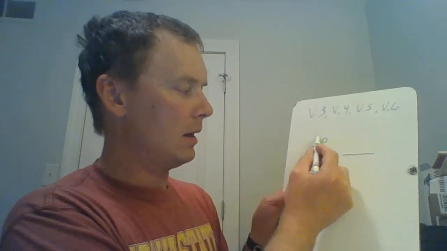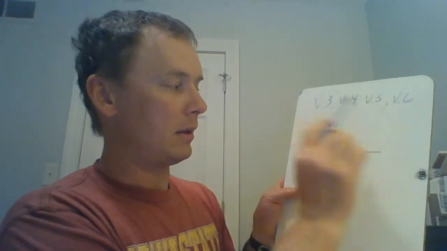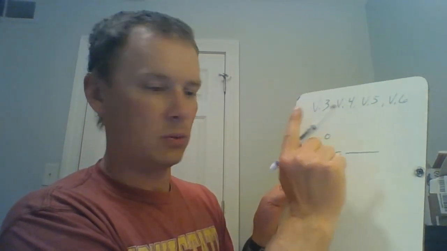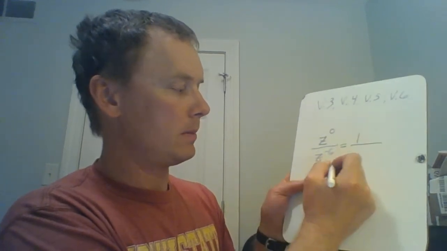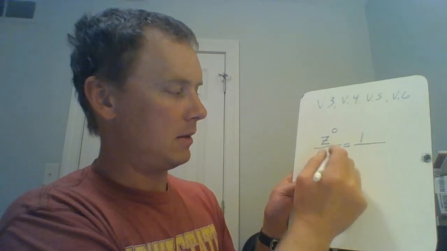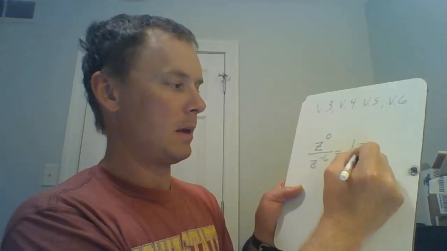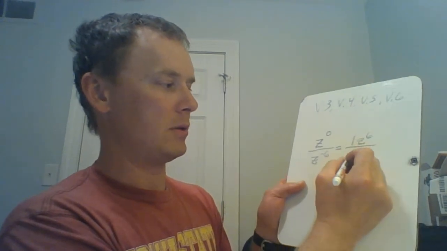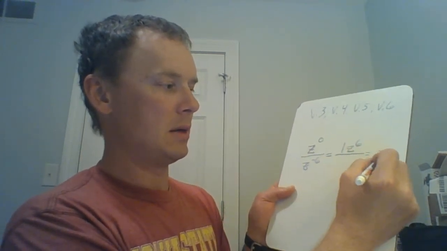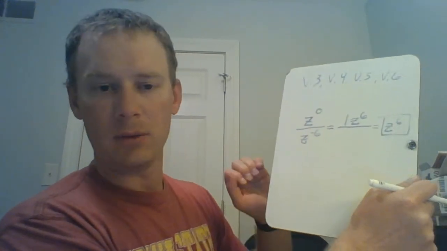And then I say, okay, z to the 0. Do I know anything about that? Well, anything to the 0 power is 1. So that's just going to be 1. Do I know anything about this? Well, yeah, I want to make that positive, and I can move it from the denominator to the numerator and make it positive. So z to the 6th is my simplified answer there.